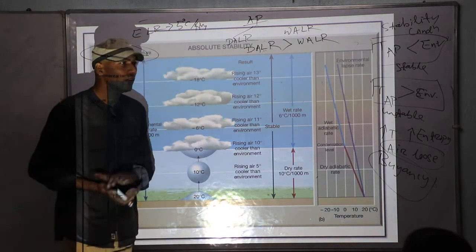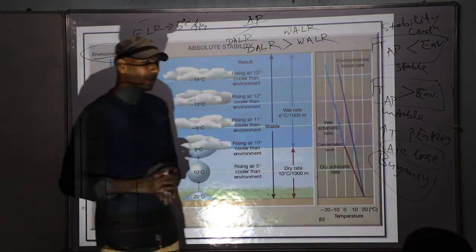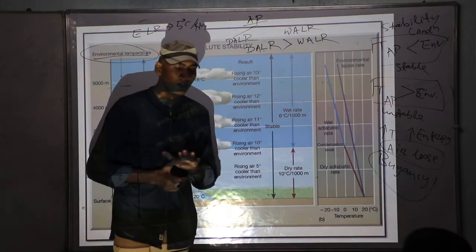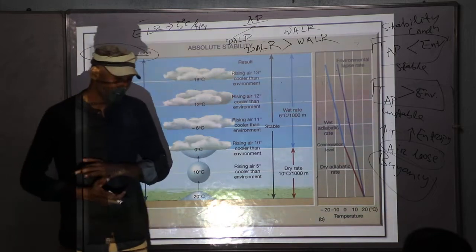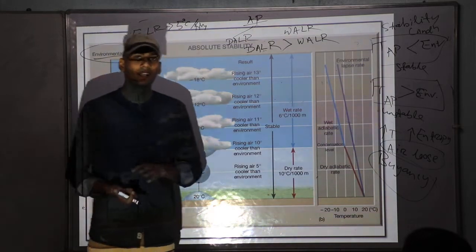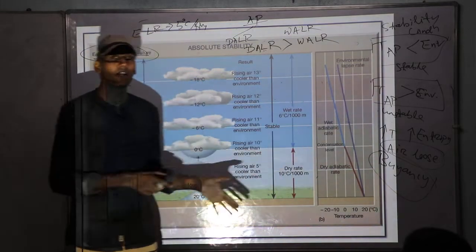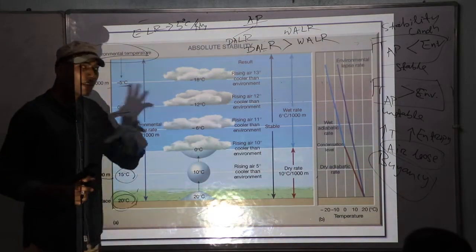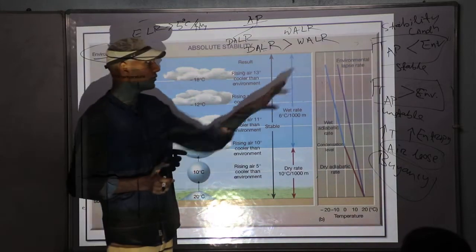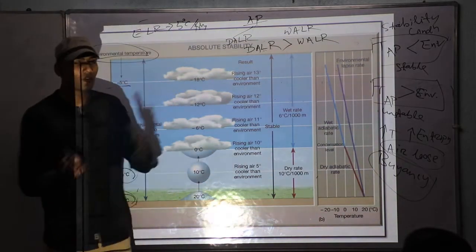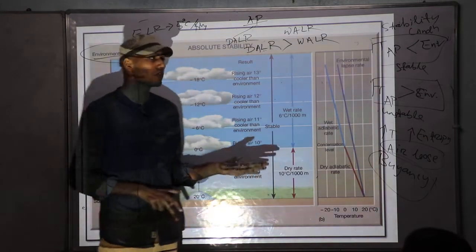Taking an example, when we are boiling water with a pot, if we are heating the pot without any water, what happens? The temperature will rise with a faster rate. If we are letting it cool, then it will cool down with a faster rate. But if there is water inside that pot, the temperature will rise slowly, and if we are cooling it, the temperature will go down also slowly.